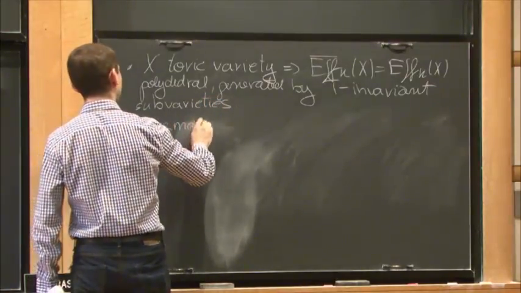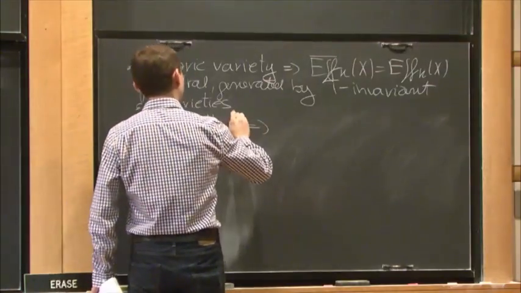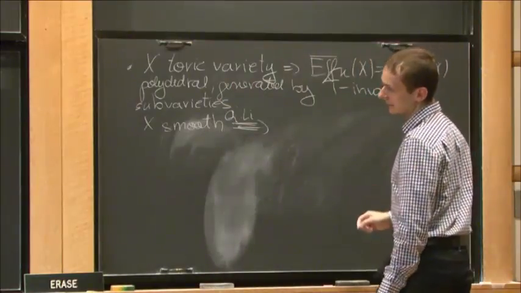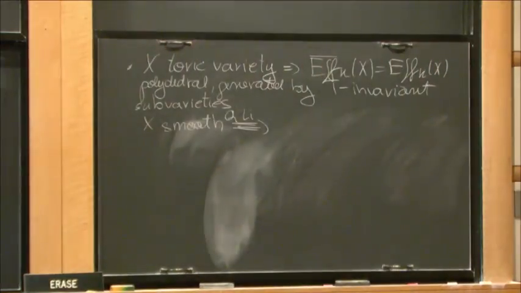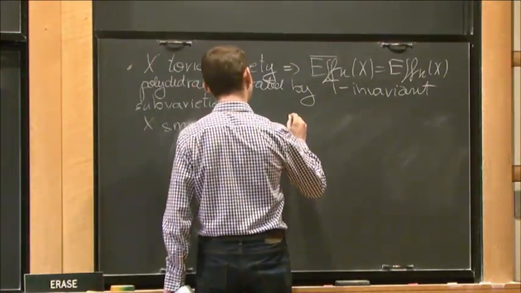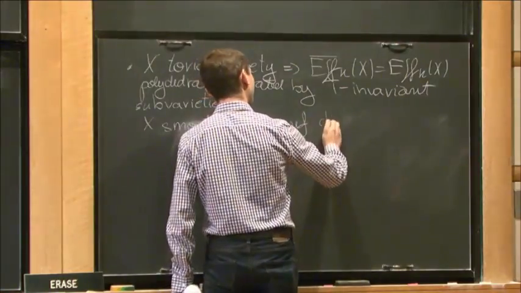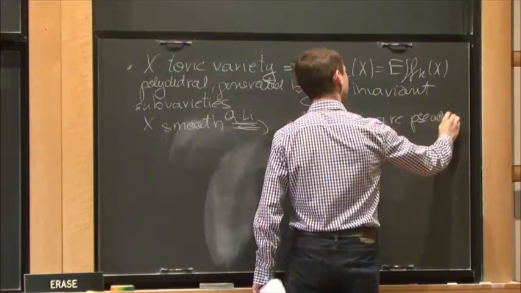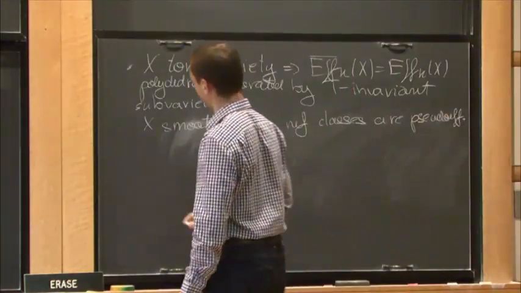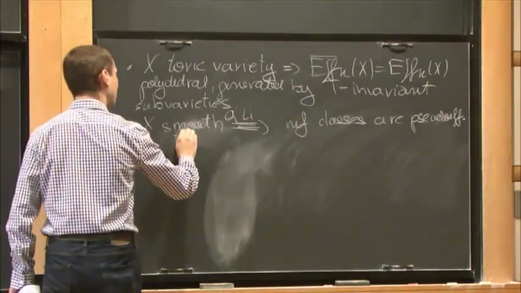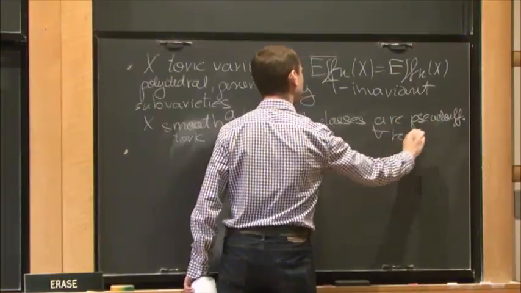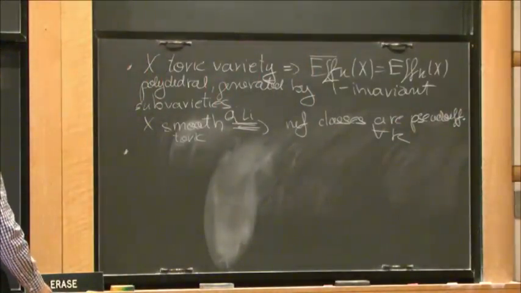If X is smooth, then Qifeng Li shows that an inclusion that I mentioned before of nef classes in pseudoeffective classes still holds. So we have that nef classes are pseudoeffective. Smooth and toric, of course. So this is for all k, not just for k equal 1. Okay, these are toric varieties.